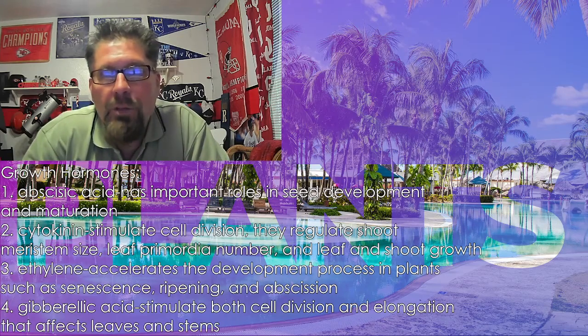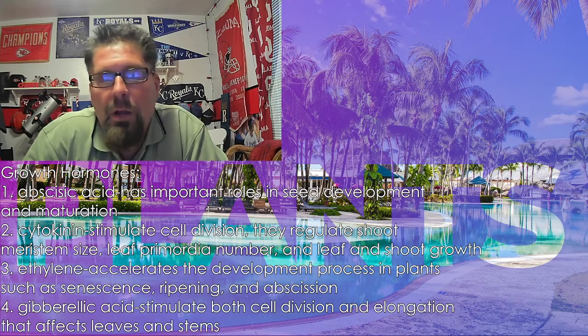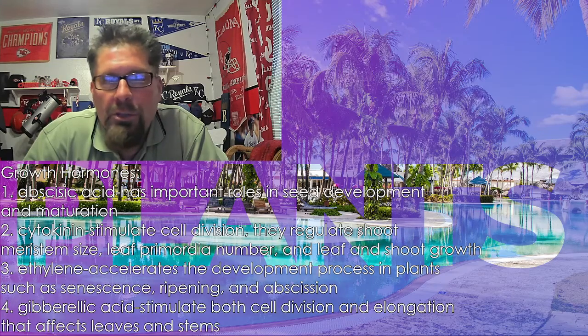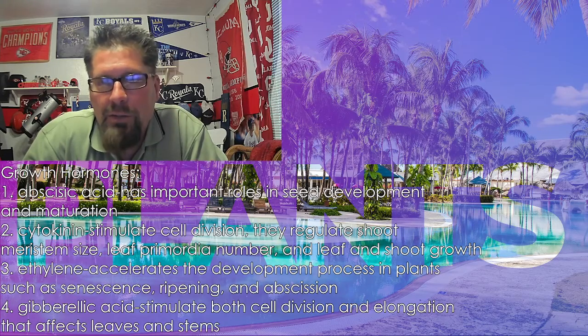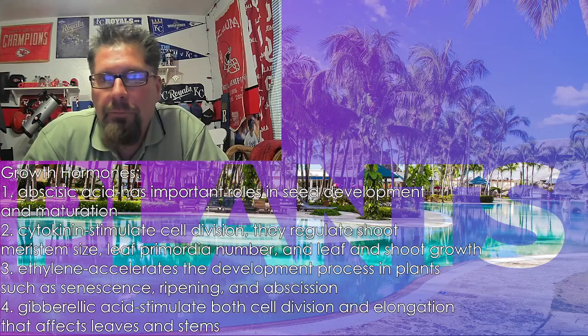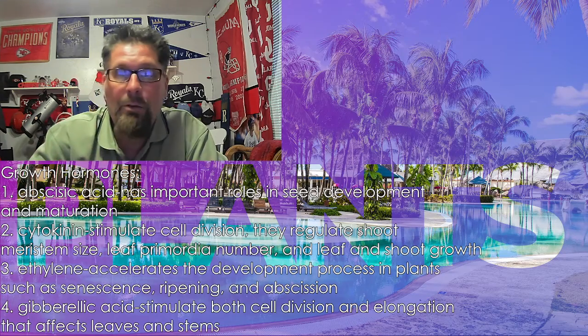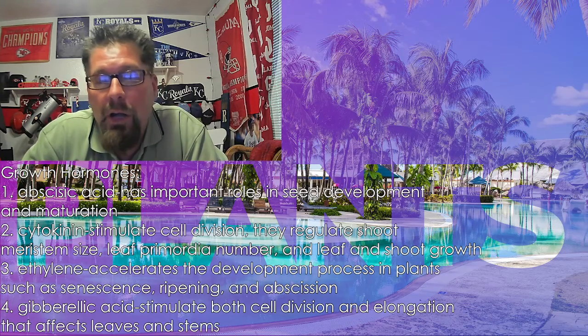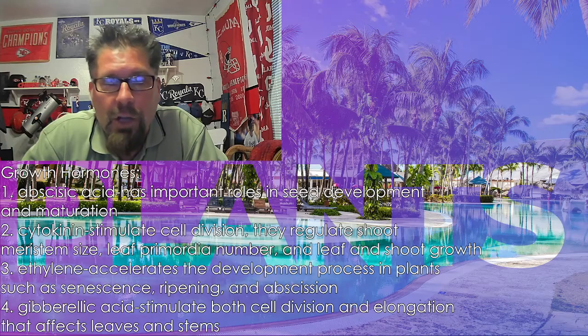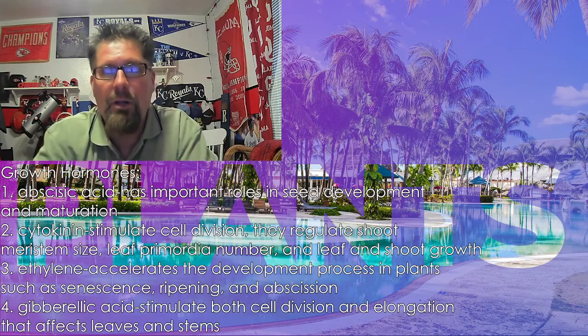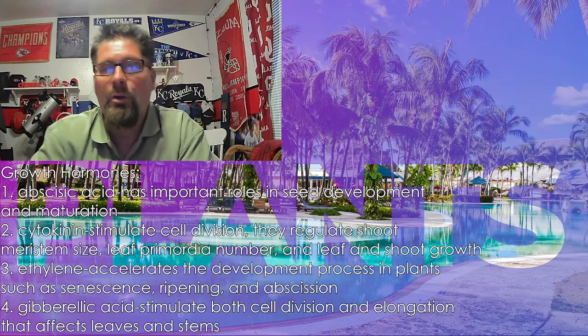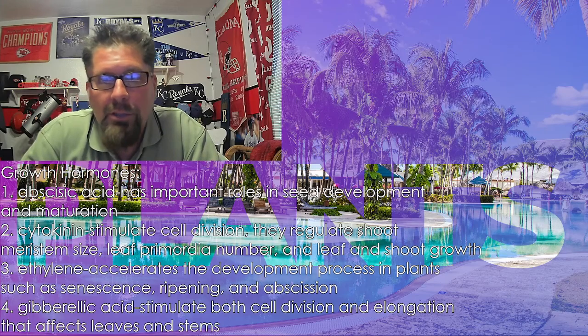Now when it comes to growth hormones, there's a few to mention. There's a lot more, but here are some of the main hormones in action. We talked in the reproductive parts about the stigma and anther and the fertilization and the developing seed. The hormone associated with seed development is abscisic acid.